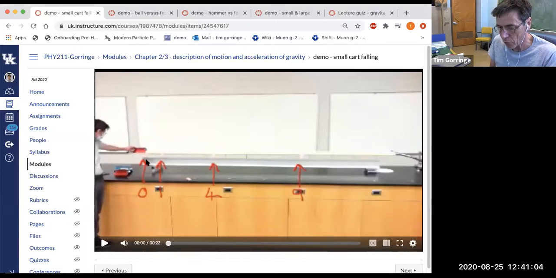And here's from where I'm releasing the cart, the first foot. Here is from where I've released the cart, 4 feet. And here, finally, from where I release the cart is 9 feet. And we'll see those intervals of 1 foot, 4 foot, 9 foot are very important in Galileo's results. So let's watch this little clip.